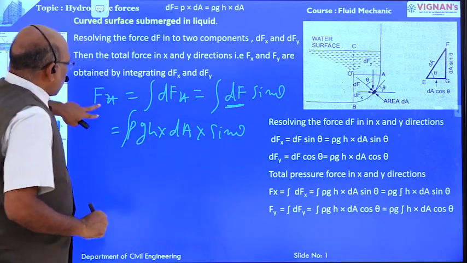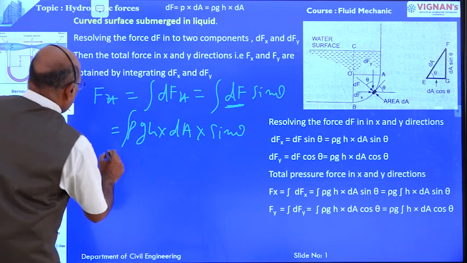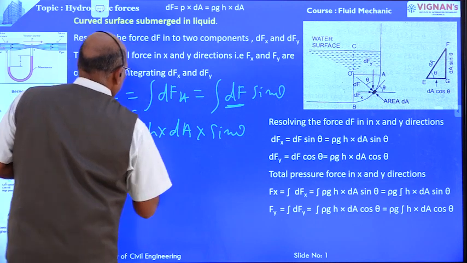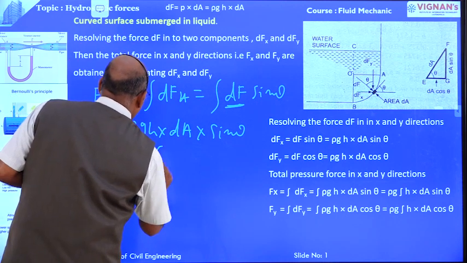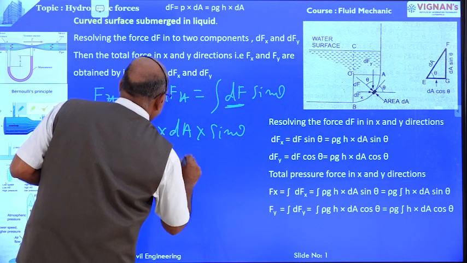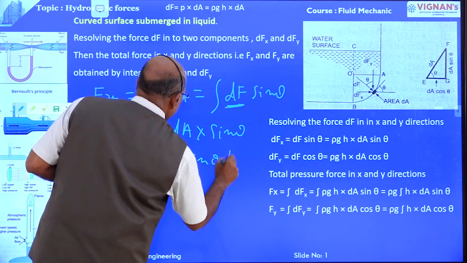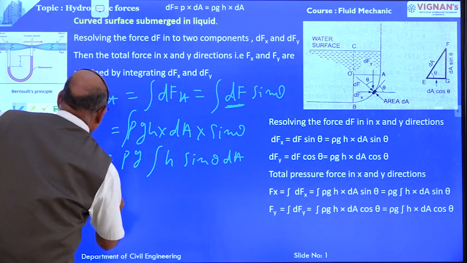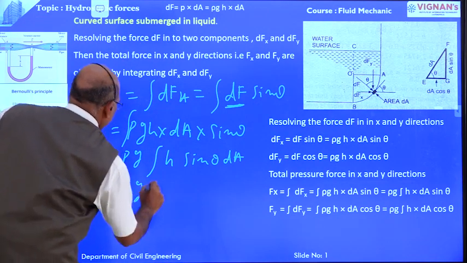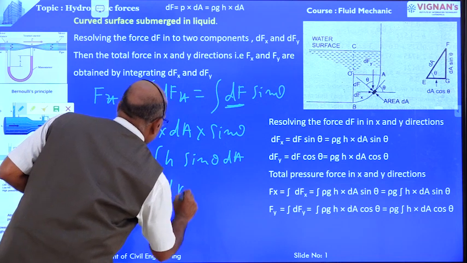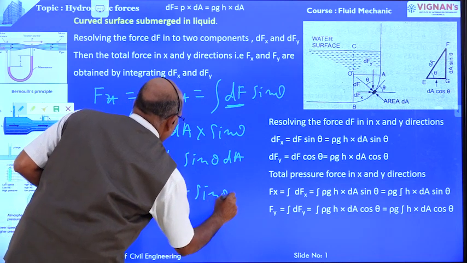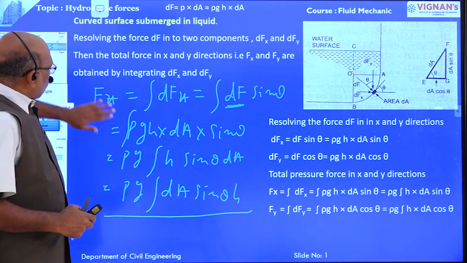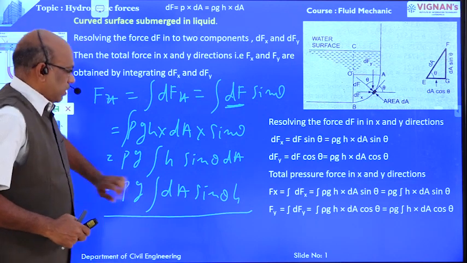This is the total pressure force in the x direction, that is equal to rho g sin theta, rho g taken out, integral h sin theta dA, right? This is equal to rho g integral dA sin theta h. This is the equation we have. This is the total pressure force in the x direction.